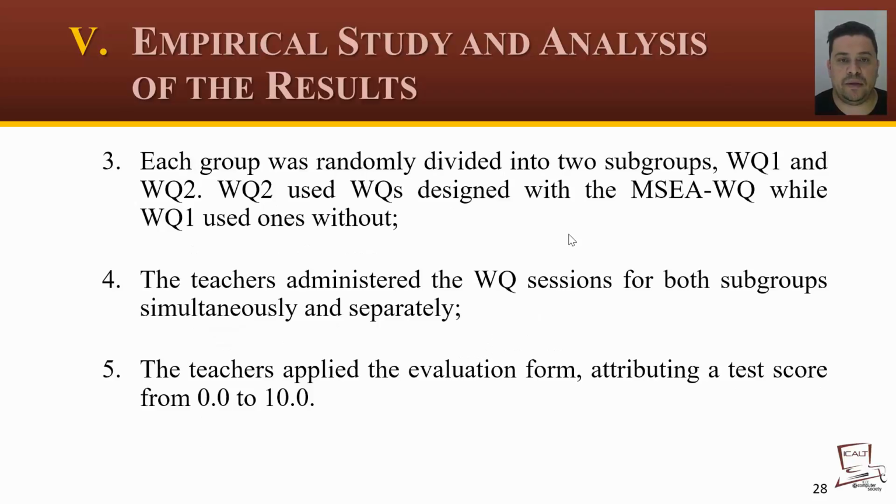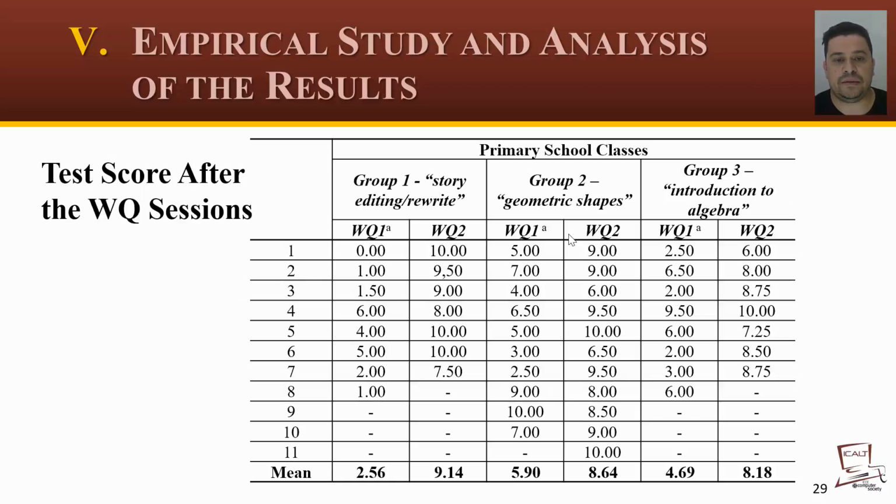Each group is randomly divided into 2 subgroups, WebQuest 1 and WebQuest 2. WebQuest 1 uses the WebQuest designed with the MSEAWQ, while WebQuest 2 uses the one without. The teacher administered the WebQuest sections for both subgroups simultaneously and separately. The teachers applied the evaluation form, attributing a test score from 0 to 10, after the WebQuest sections.